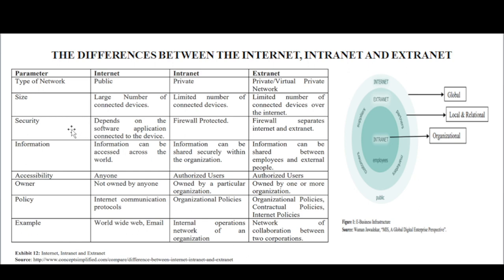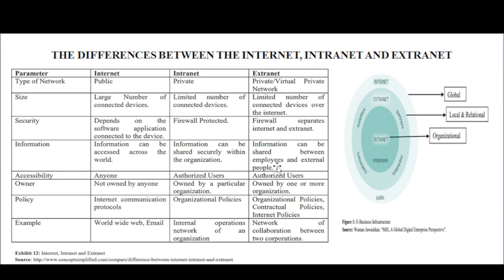Then security. Internet security depends on the software applications used by the connected devices. Then intranet is protected by firewalls ensuring secure internal communications. Then for extranet, firewalls separate the extranet from the internet ensuring secure external communication. Then information. In the internet, information is accessible across the world without restriction. Then in intranet, information is shared securely within the organization.